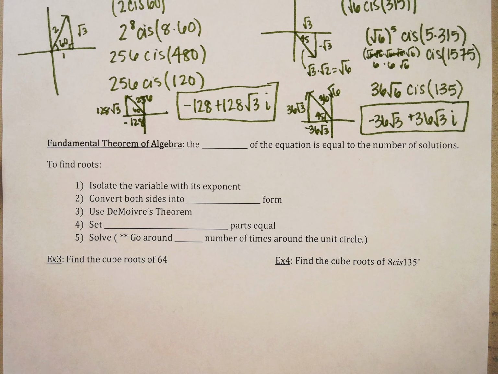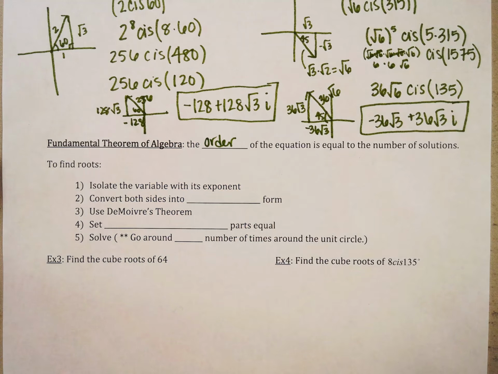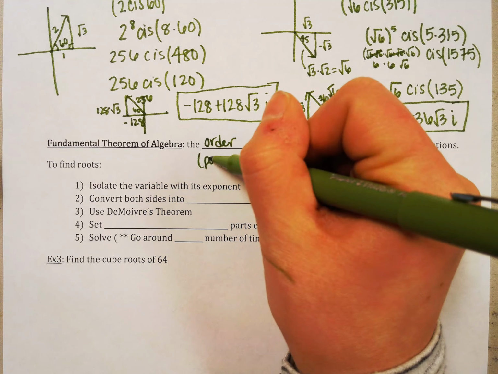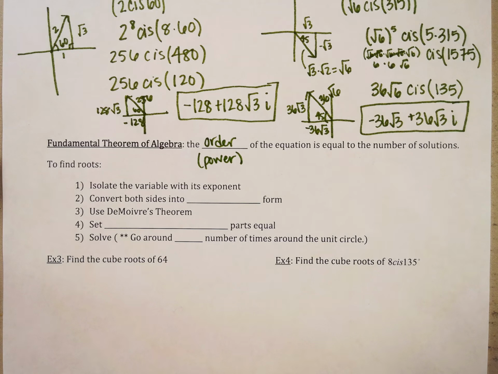But in every number system, we actually do have the number of roots or the number of solutions equal to the order of that equation, which is really just the power. So the order of the equation, or I'll write it this way, power of the equation is equal to the number of solutions, the highest that we have. It might not mean that all of them are real solutions, but we're dealing with complex numbers now.